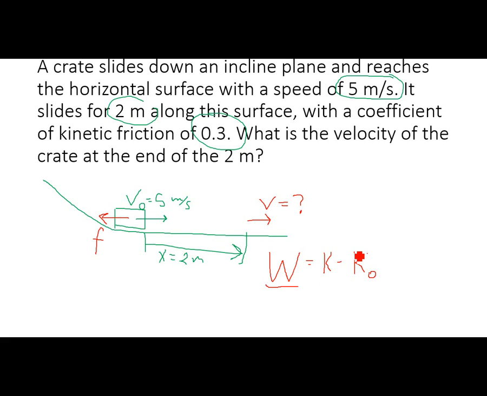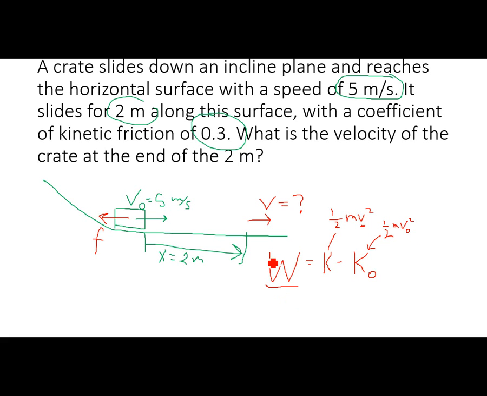Okay, no problem there. The final kinetic energy will be 1/2 mv squared. So there's the thing we're looking for, the v right there. And the initial kinetic energy will be 1/2 mv0 squared. Okay.